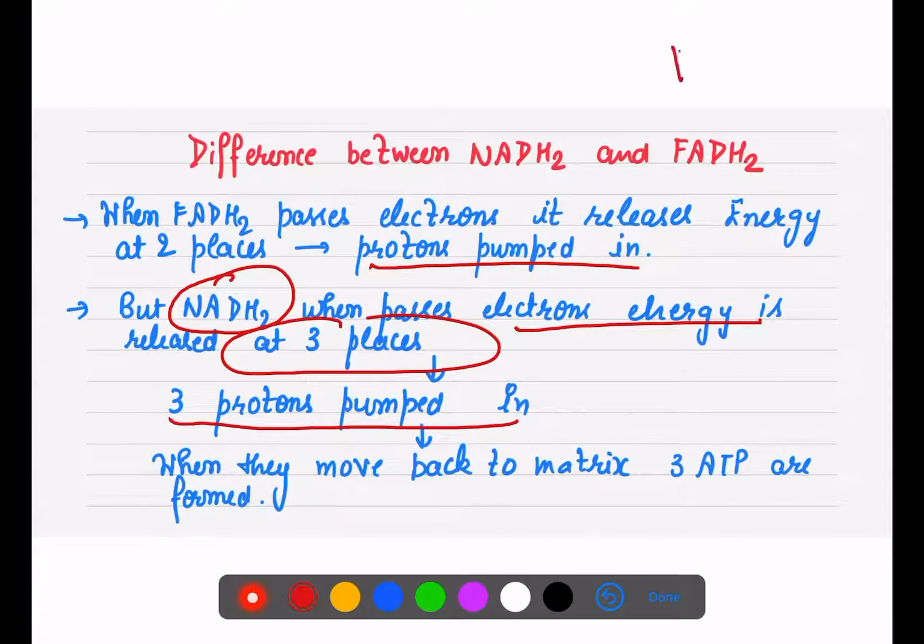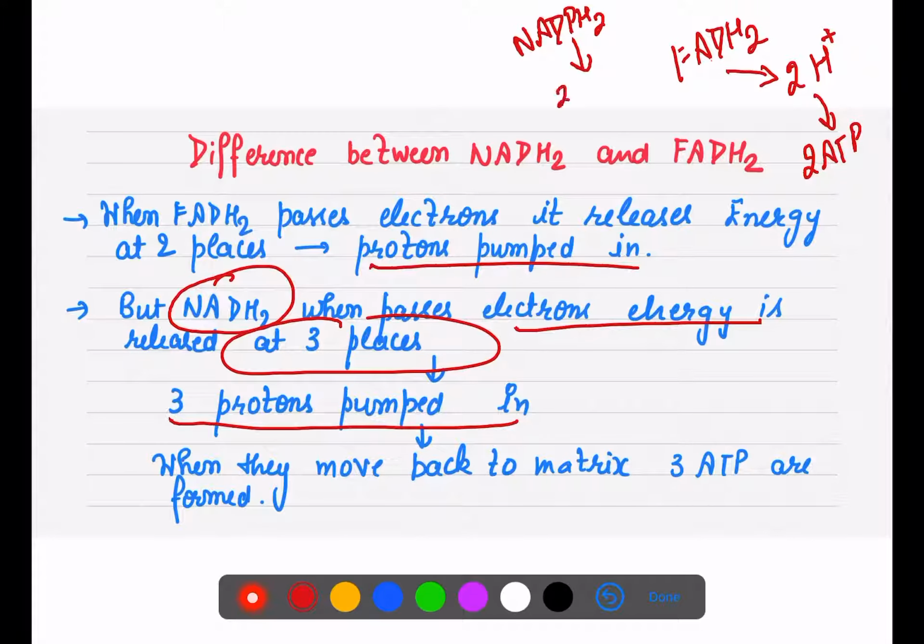Now you can understand that during FADH2 oxidation, we get two ATPs, because two protons are pumped in, so two protons have to go back to the matrix, so two ATPs are synthesized. And during NADH2 oxidation, there are three places where energy is released, and three places where protons are coming in. Once they go back to the matrix, 3 ATP can be synthesized.